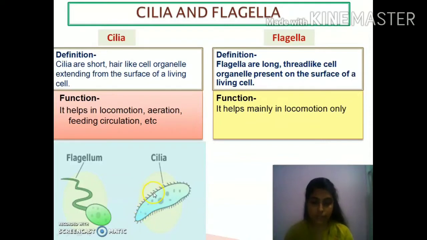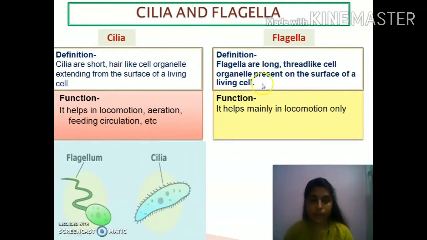These structures are termed cilia. The main function of cilia is that it helps in locomotion. As I have already said, locomotion is the process of movement from one place to the other. So the cilia help in locomotion, then feeding, circulation, etc.